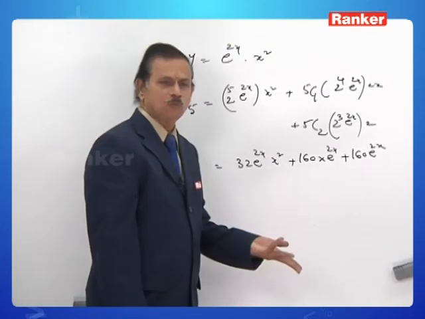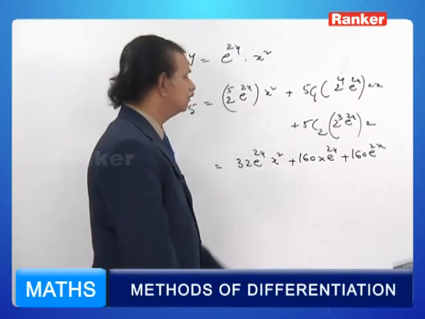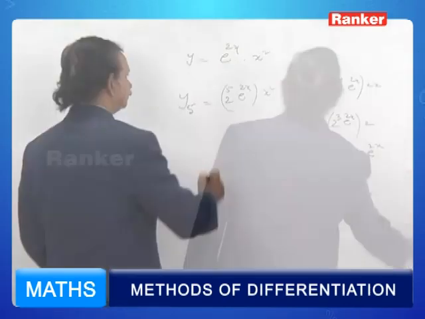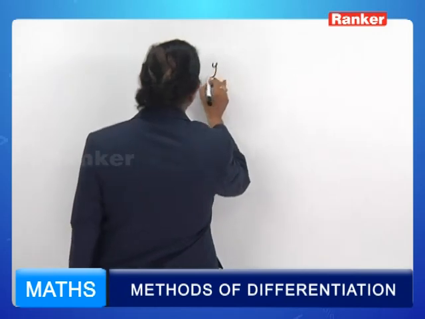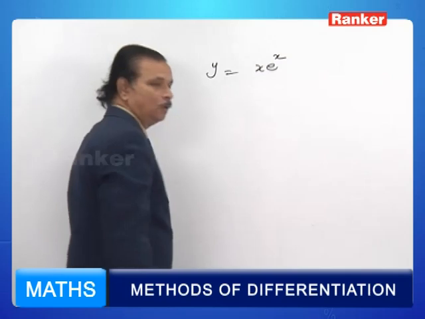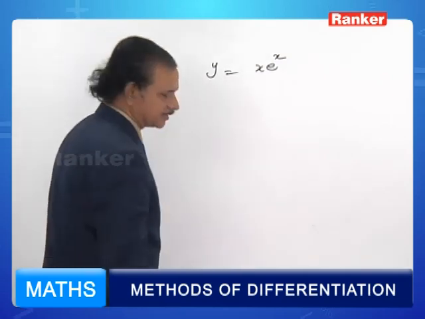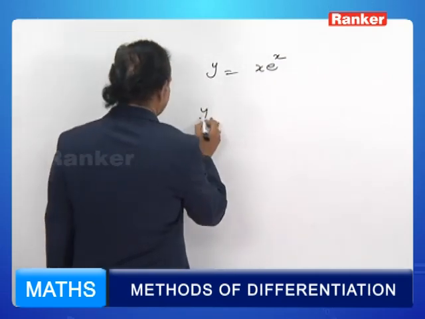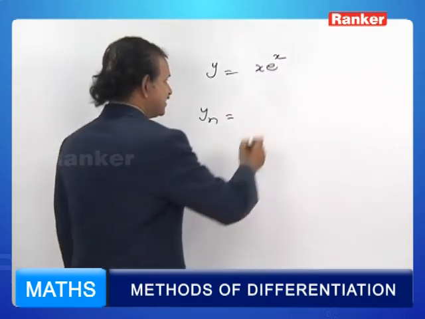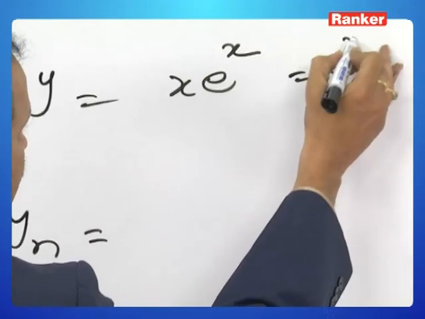Or if you want the nth derivative, let it be. No problem at all. Let us observe one such thing. y equals x e^x. I want to have y_n, the nth derivative. You would now change this to e^x into x. Why?